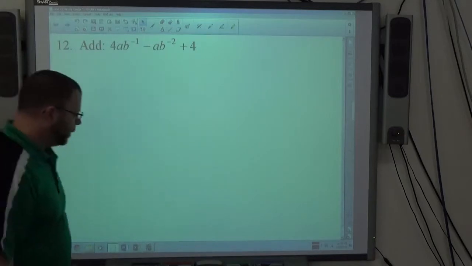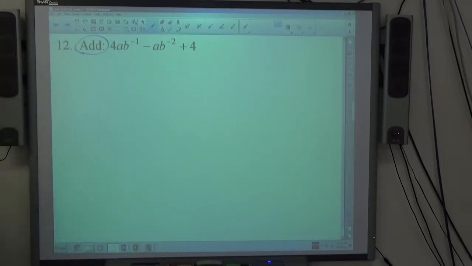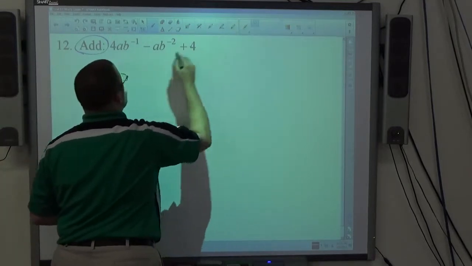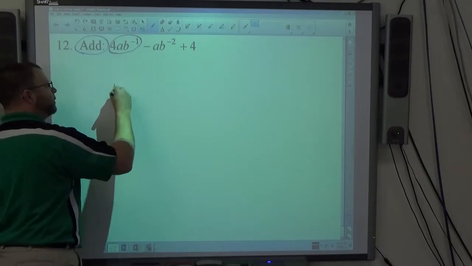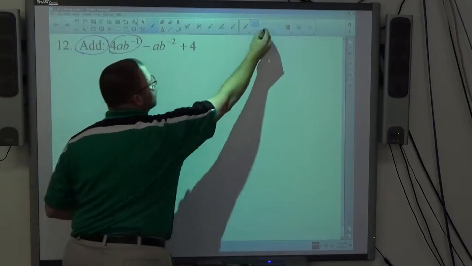Number 12. This says add. It doesn't say add like terms, so that implies get a common denominator and get it into a single fraction. And it doesn't look like fractions to begin with, but notice that we have negative powers, so 4ab to the negative first power. 4 and a are on top, b to the negative first, but b on the bottom.